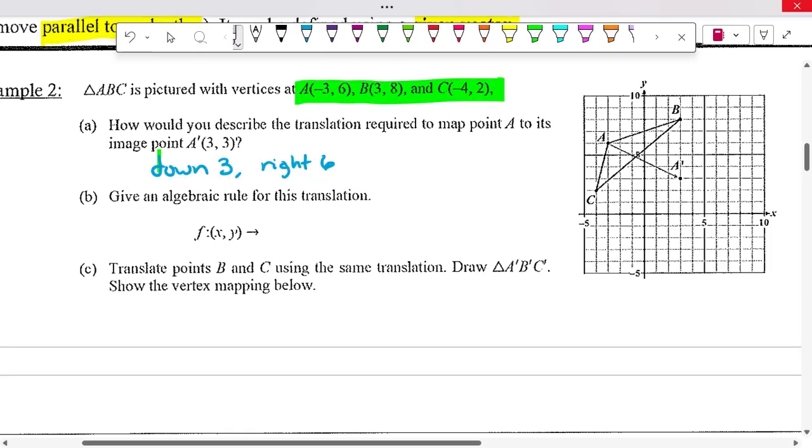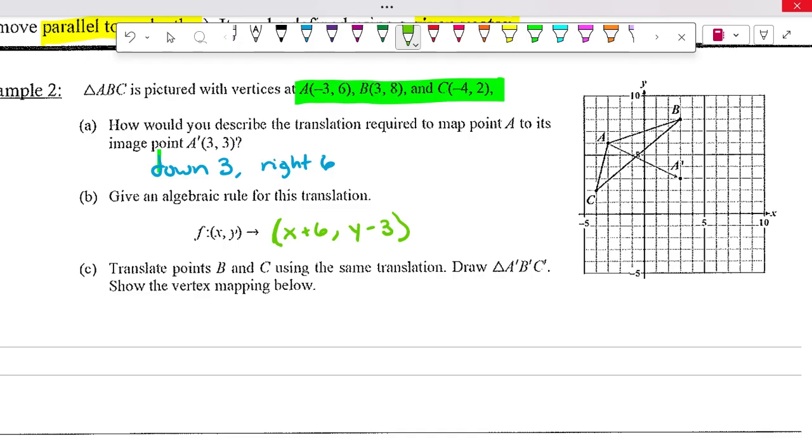So, right, your rule would be x plus 6, y minus 3. Now, why do you think it's x plus 6, not x minus 3? What makes that 6 go with the x?